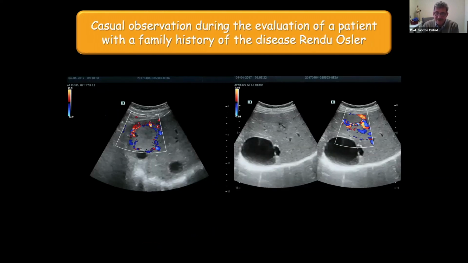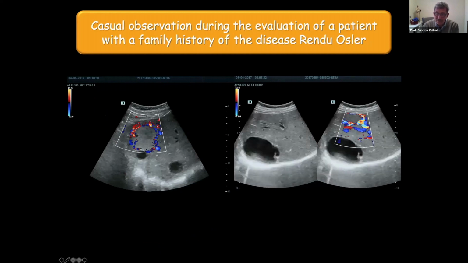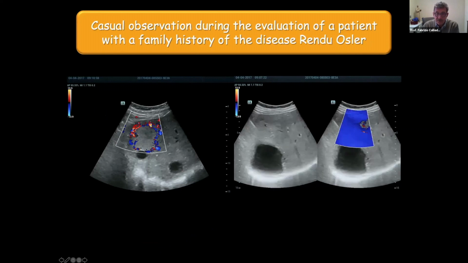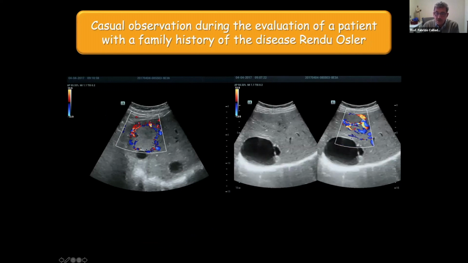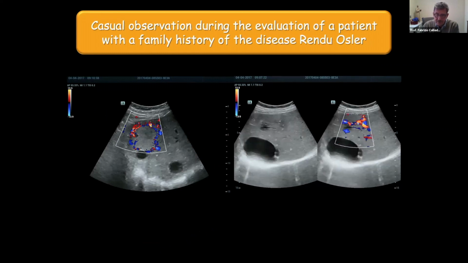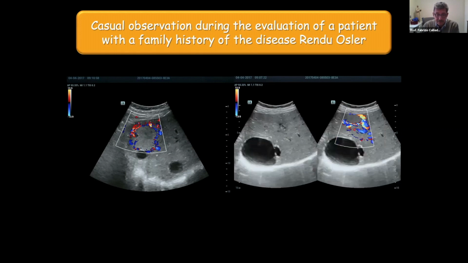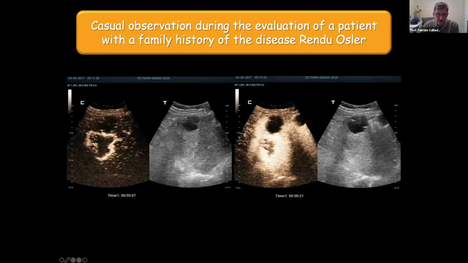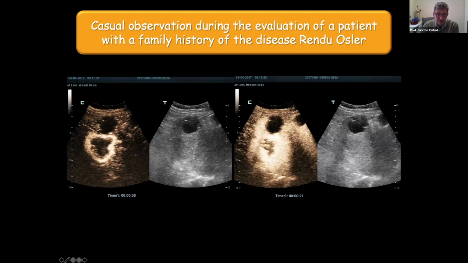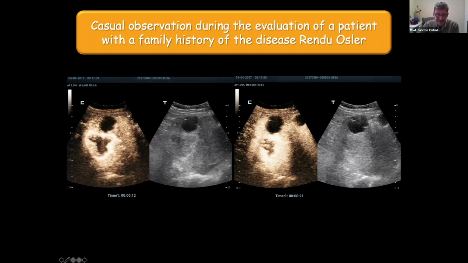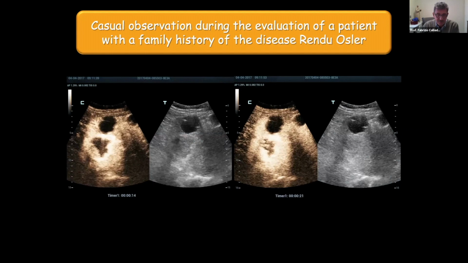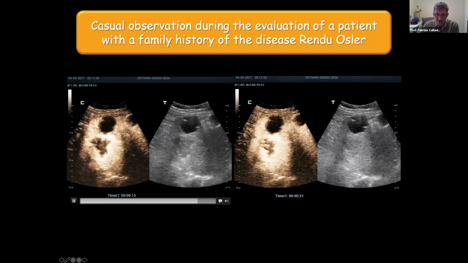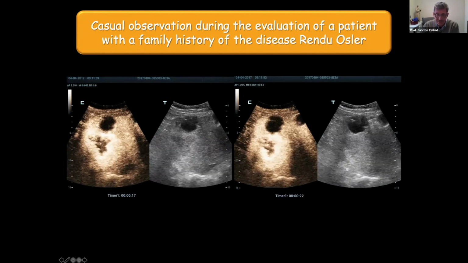Okay, this is a case similar to the case presented by Professor Jung before. We were thinking there was Rendu-Osler disease for this lesion, because it was in a family with Rendu-Osler, but what is happening with contrast? Look at this. Absolutely no Rendu-Osler. 15 seconds, and this is 22 seconds.